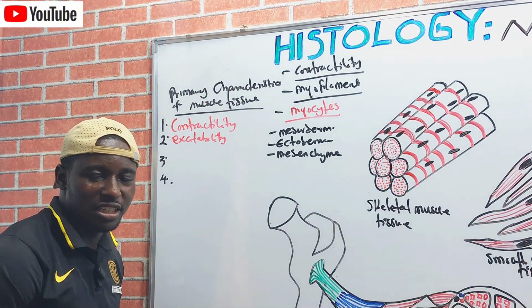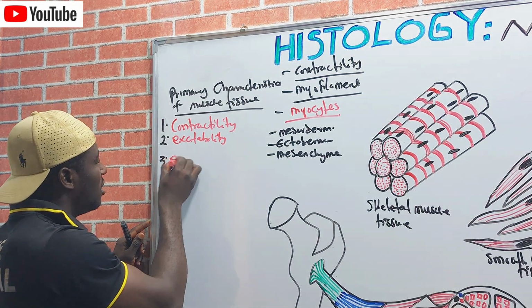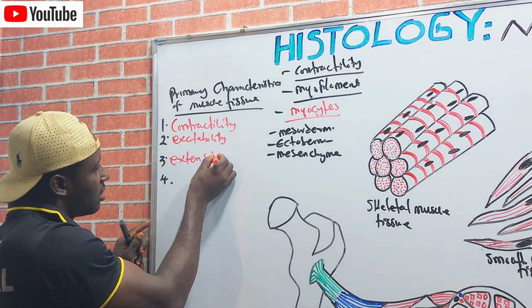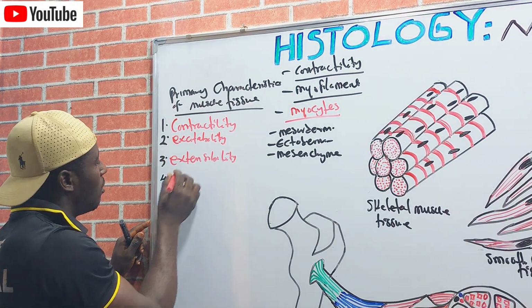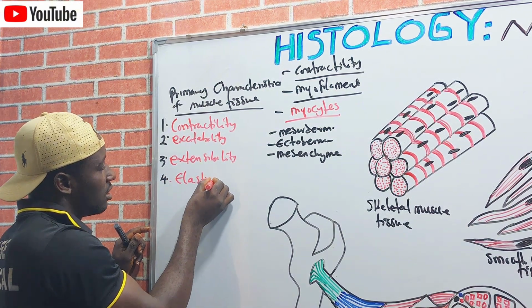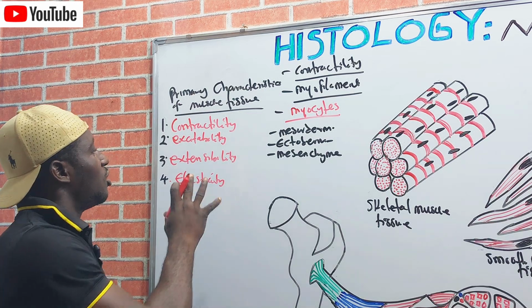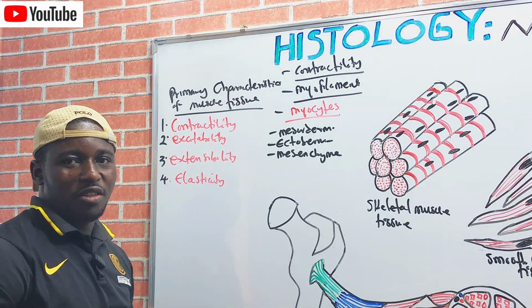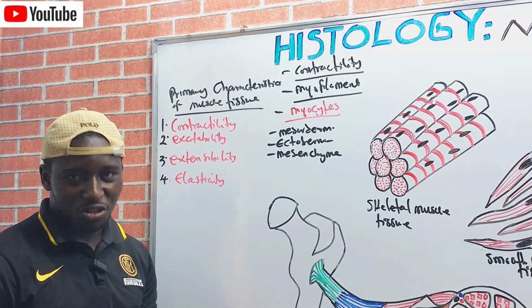Number three is extensibility. While number four is elasticity. Now let's take a good look at these primary features or characteristics of the muscle tissue.